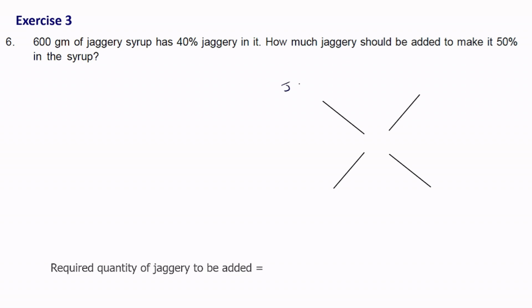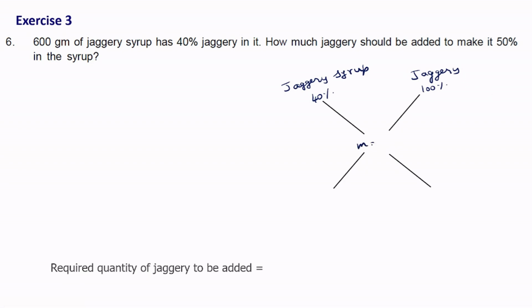So here jaggery syrup, the quantity is 40%. We are adding pure jaggery. So it has 100% jaggery in it.